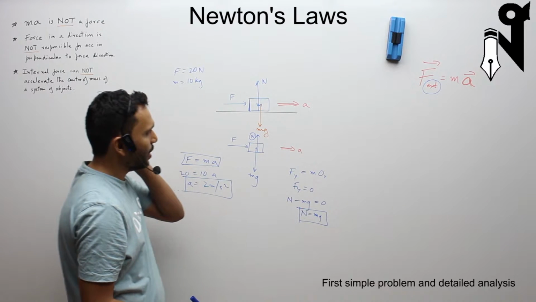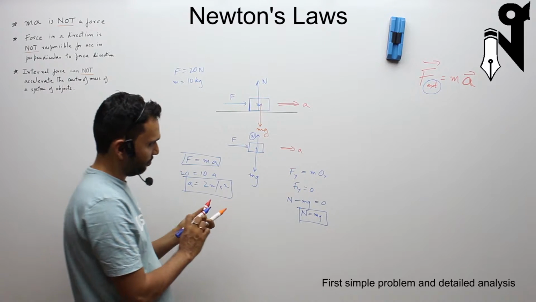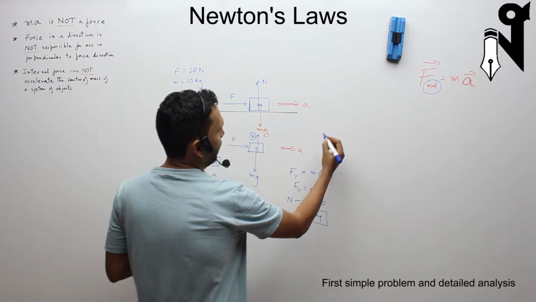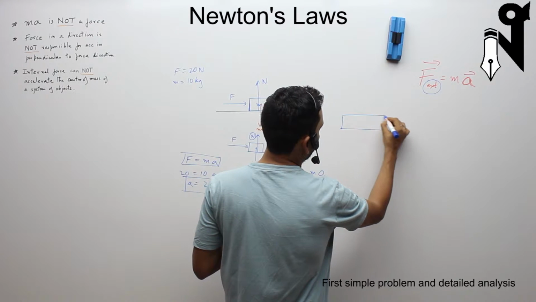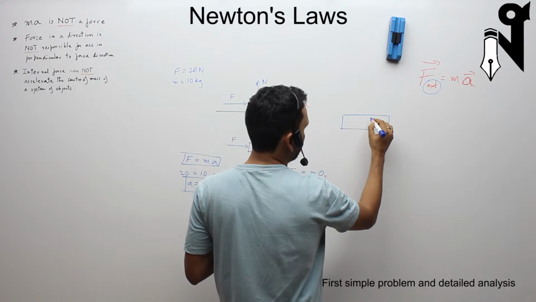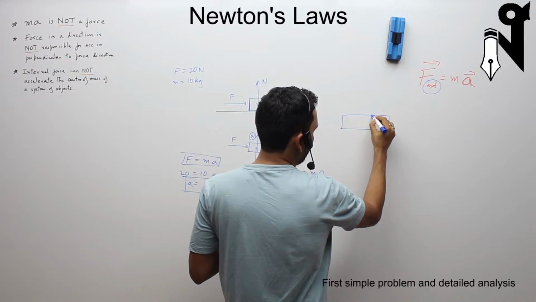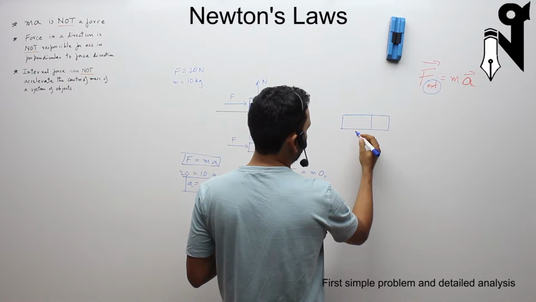But let me now go a bit ahead on the same thing, and then we'll see the use of the discussion. Say this mass was in fact earlier two pieces.